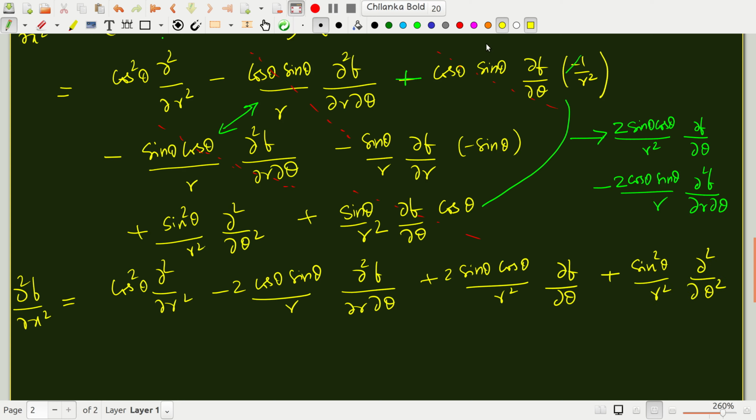Now, let us check out all the terms that we have copied. So, we have done this, that is the first term. Now, we have done this, that is the last term, and I think we have pretty much written all the terms. So let's just see whether we missed something.